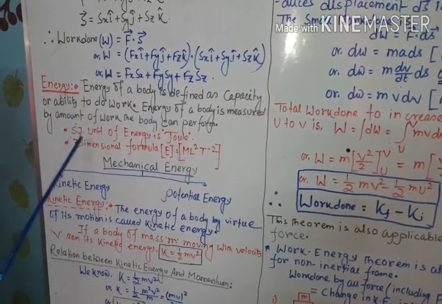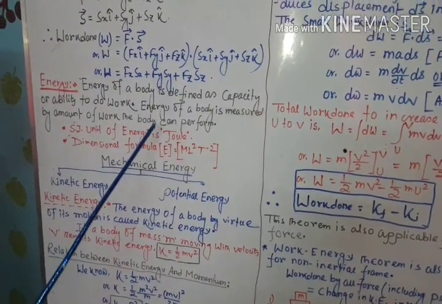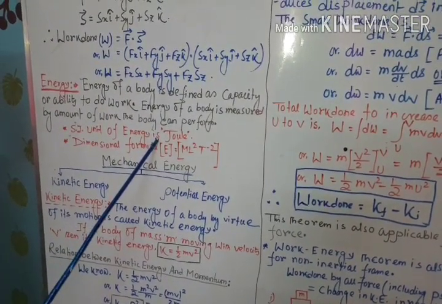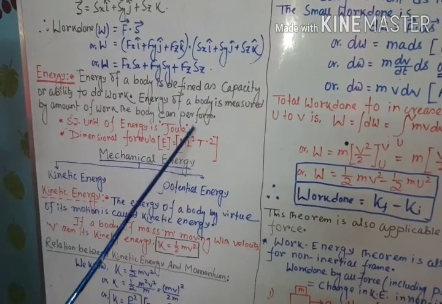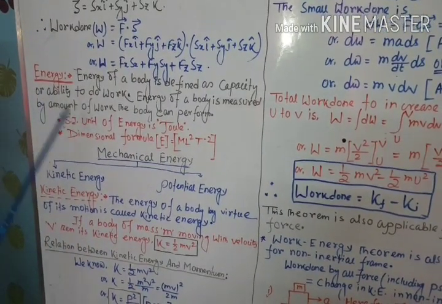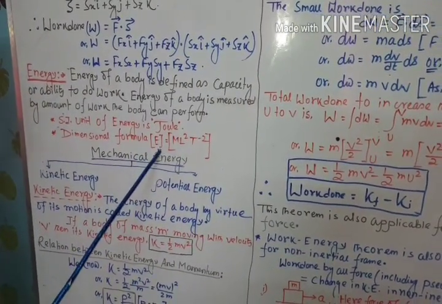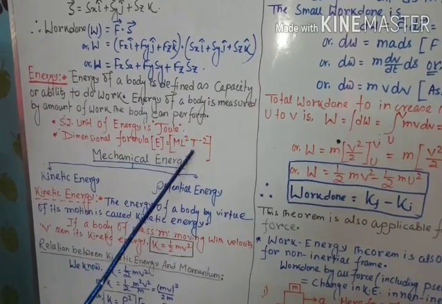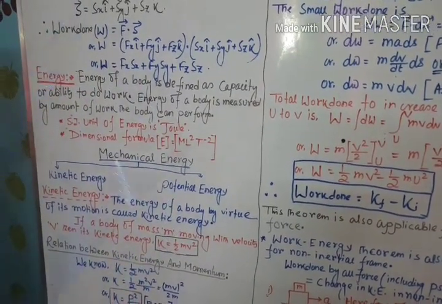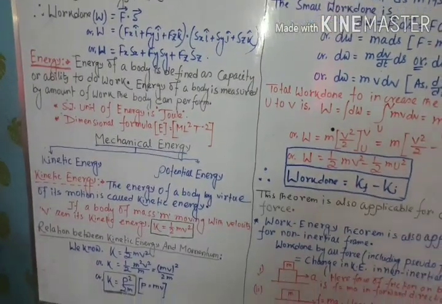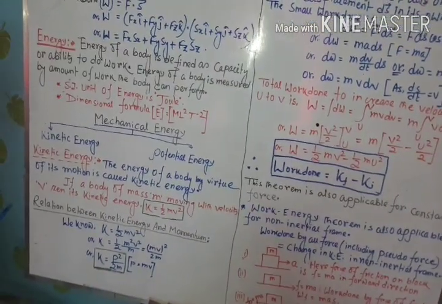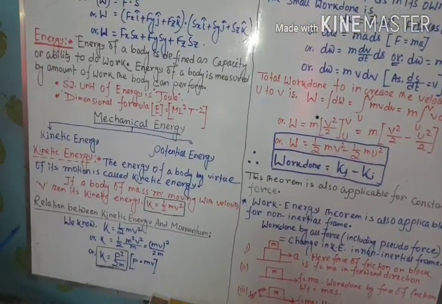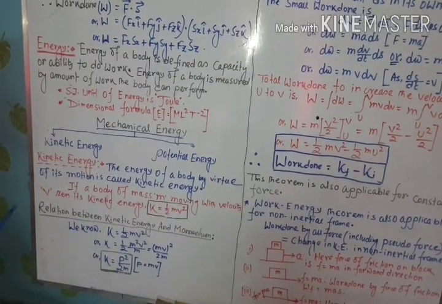So that's why the SI unit of energy is the same as the SI unit of work, that is joule, and the dimensional formula of energy is also the same as that of work, that is ML squared T to the power minus 2.